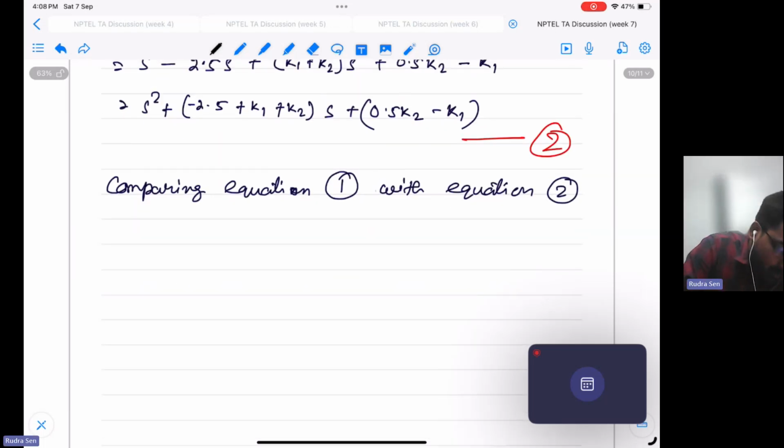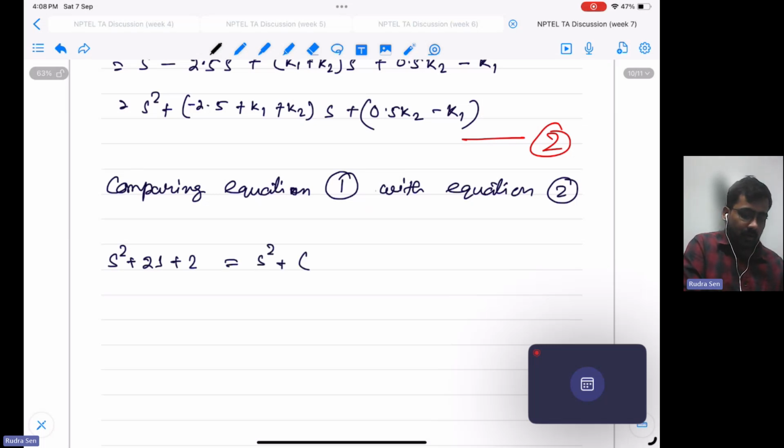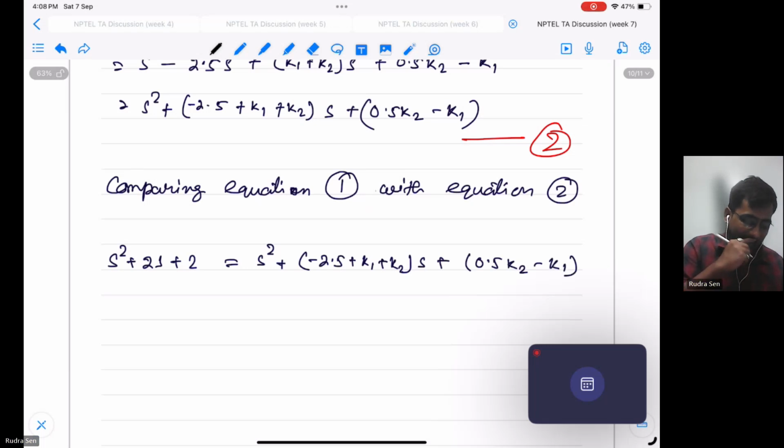So what we get, it is s square plus 2s plus 2 equals s square plus (k1 plus k2 minus 2.5) s plus 0.5 k2 minus k1.